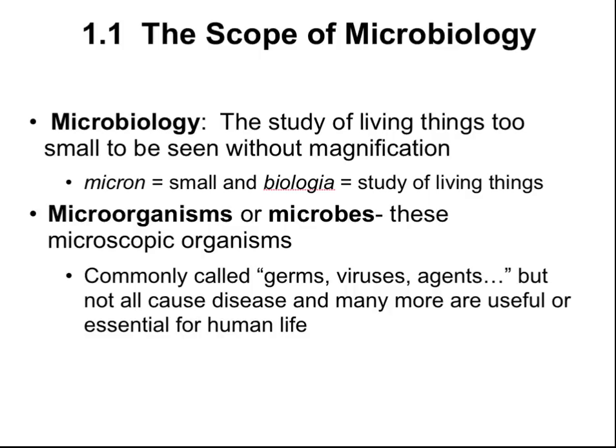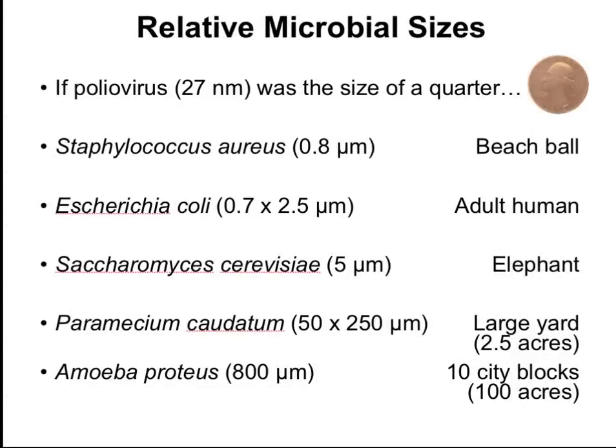Microorganisms, or microbes, are the microscopic organisms that we're talking about. Commonly, we might refer to them as germs, viruses, or other infectious agents. But not all of these germs cause disease, and many more are useful or even essential for human life to exist. Here's a quick scale to help us understand how small we're really talking.